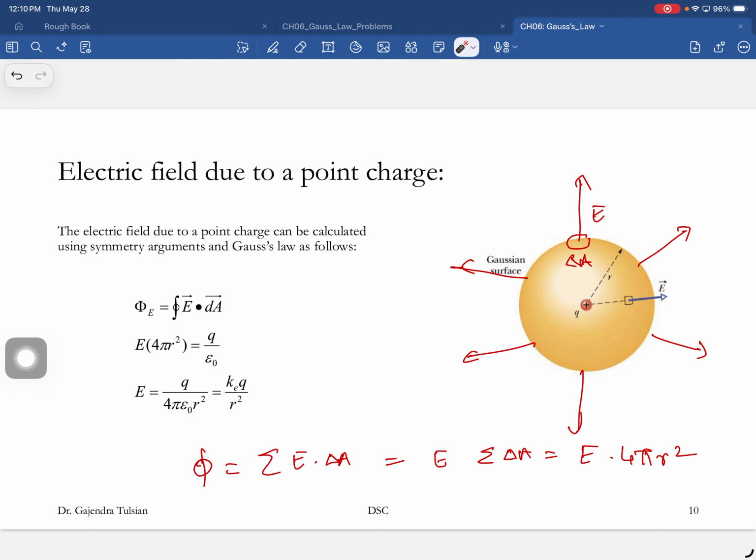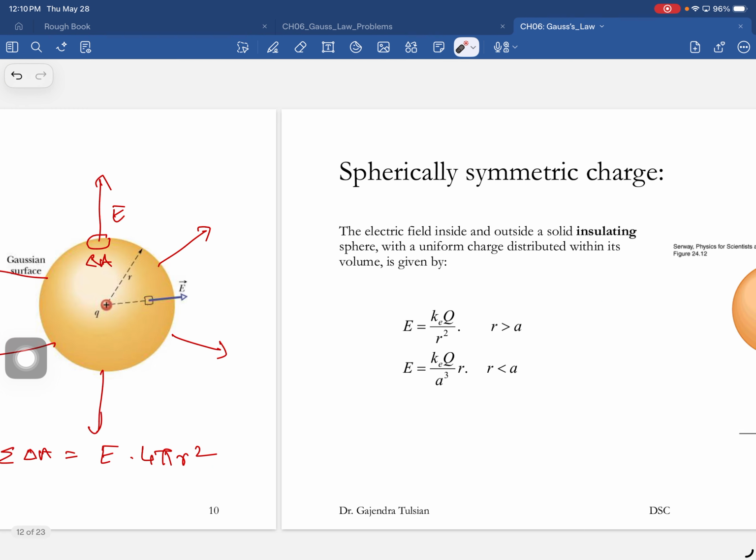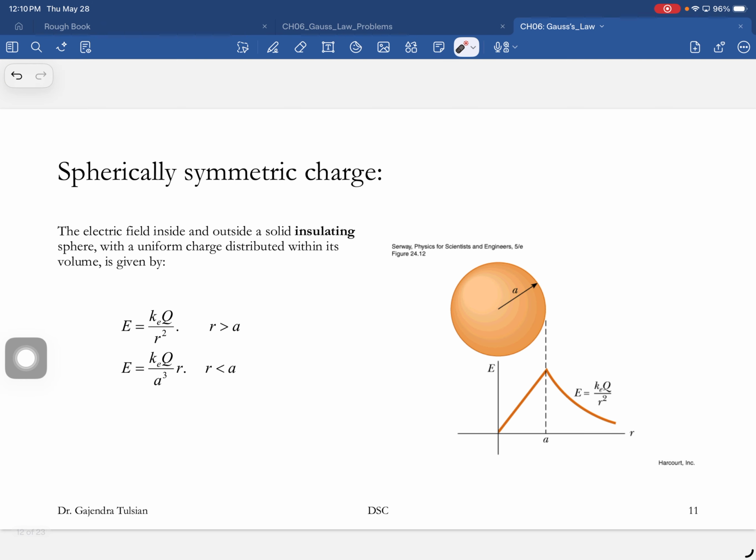An infinitely long wire, the charge is uniformly distributed, and lambda is the linear charge density, the charge per unit length. The electric field has to be symmetric at a given distance, and it's perpendicular to this surface.